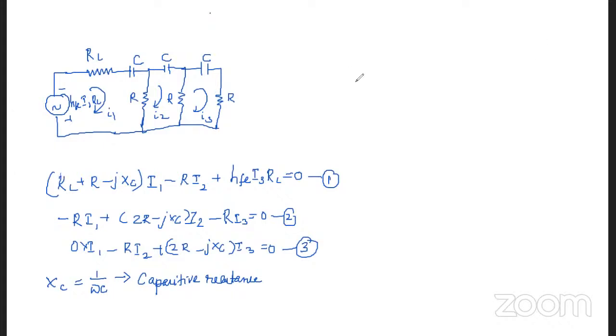So we have the determinant value as: the first term is RL plus R minus jXC, the next term is minus R, and the third term is hfe RL. Applying Kirchhoff's voltage law to the three meshes, we write the determinant: minus R, then 2R minus jXC, then minus R, and here it is 0.